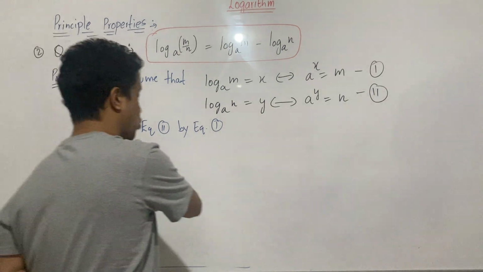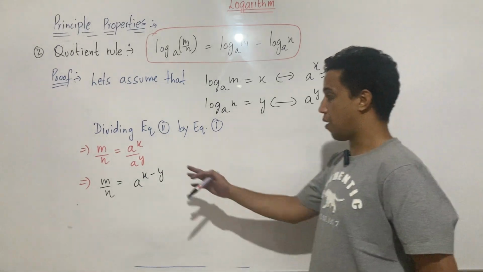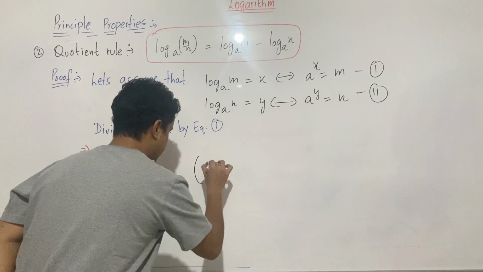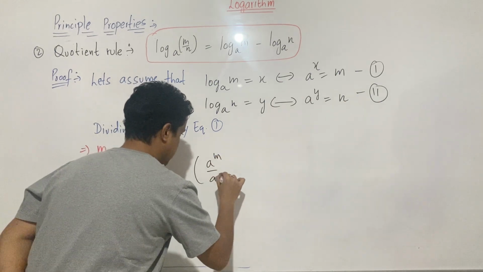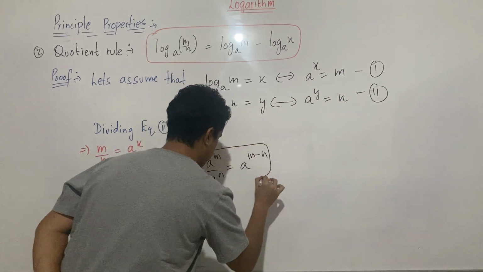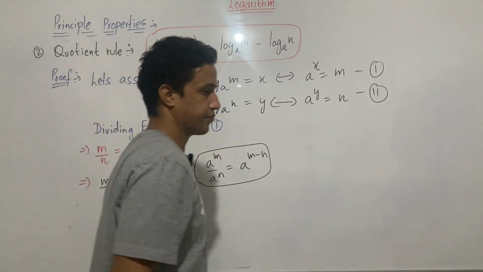Because this is one of the properties of the exponential function: a^m by a^n equals a^(m minus n). So we are just making use of this property here.